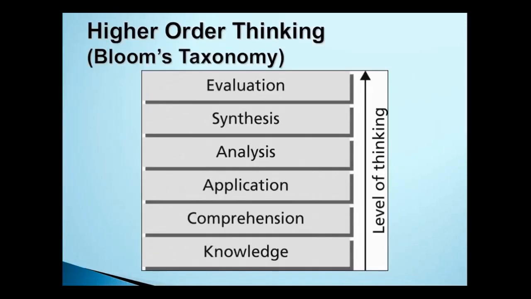Okay. This is, if you're an education major or psychology major, you're probably familiar with this, Bloom's taxonomy. And this explains the different levels of thinking. Okay. And at the very basis of thinking is knowledge.